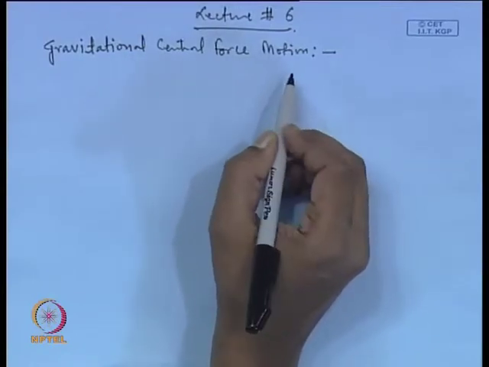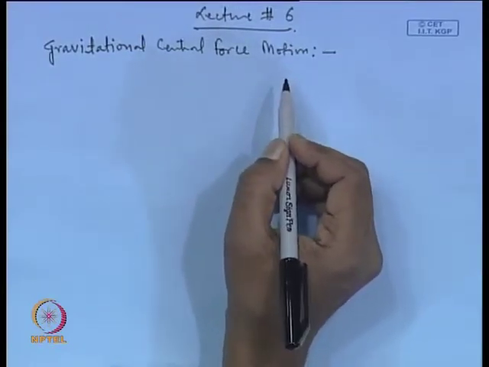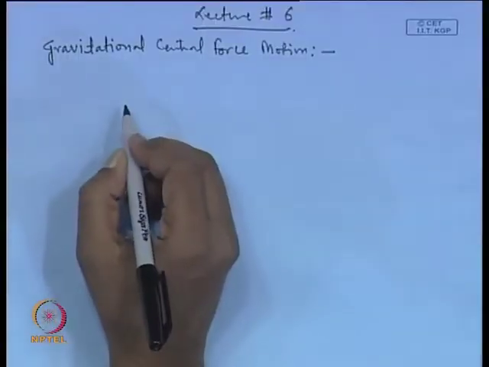Last time we did not assume anything about how the gravitational force varies, but today we will assume that the gravitational force varies as the inverse square of the distance between the two particles, or in this case, because only one particle is present and there is a center of attraction, we assume that the gravitational force due to the center of attraction falls off as 1 by r square.